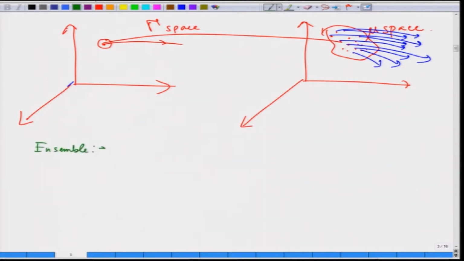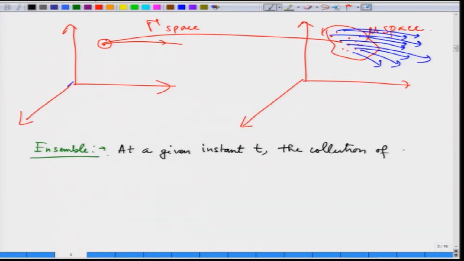So, the concept of ensemble is that you can assume that at a given instant t, ensemble is nothing but the collection of all the possible states of the system.